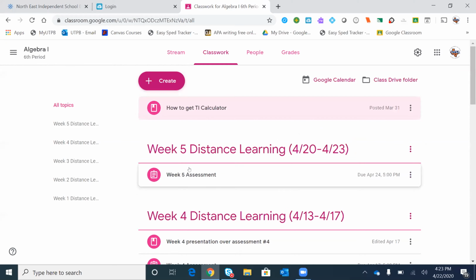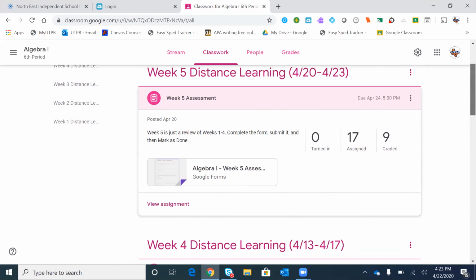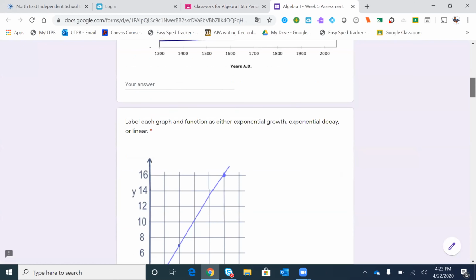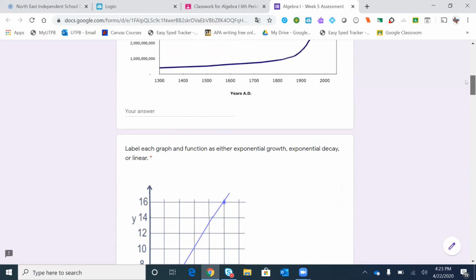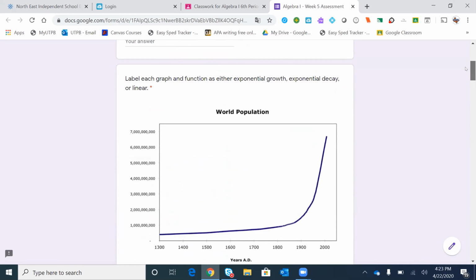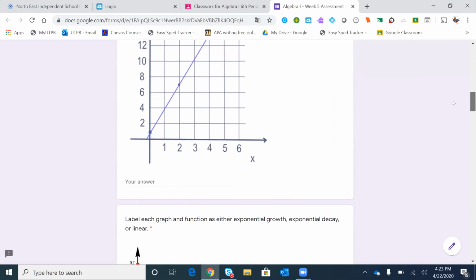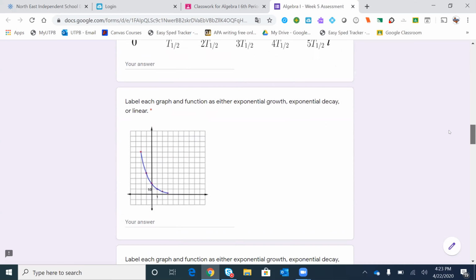Okay, so if we go to week 5, that's why there's only one assignment. There's no lessons because it's all just review of what we did on weeks 1 through 4. So you have quite a few more questions here. You have 12 questions. The first part I'm going to go over is numbers 1, 2, 3, 4, and then I'll go into the other ones.